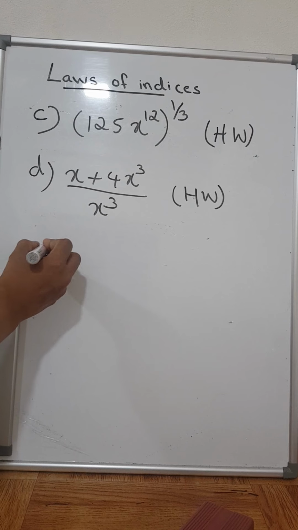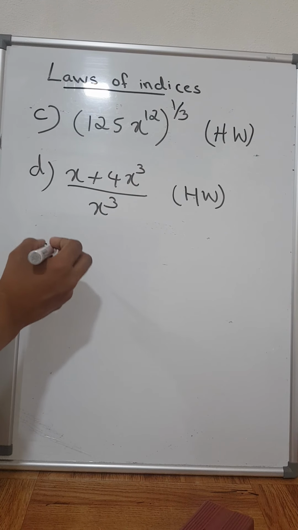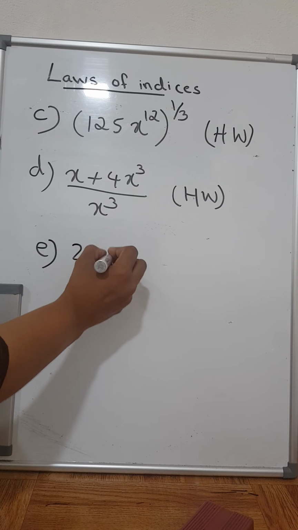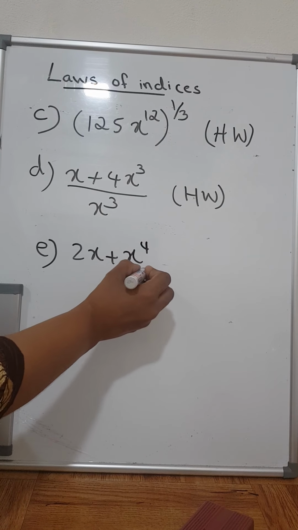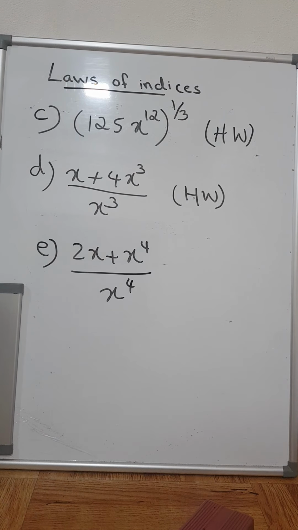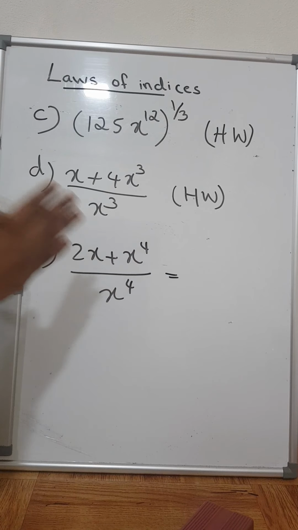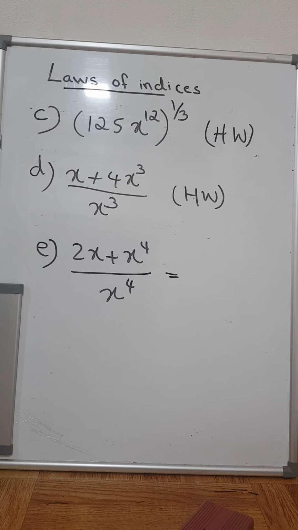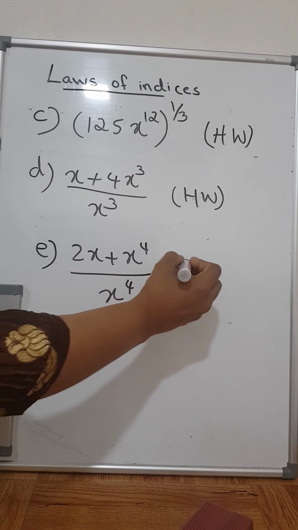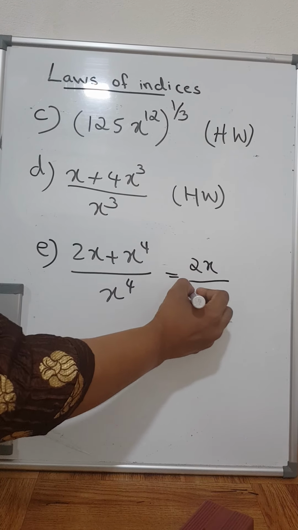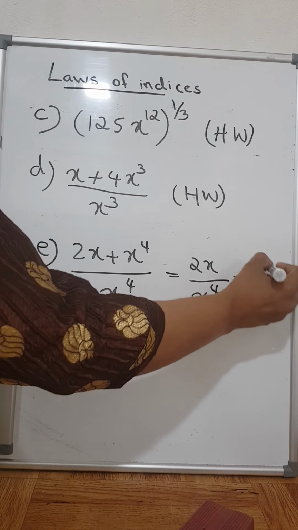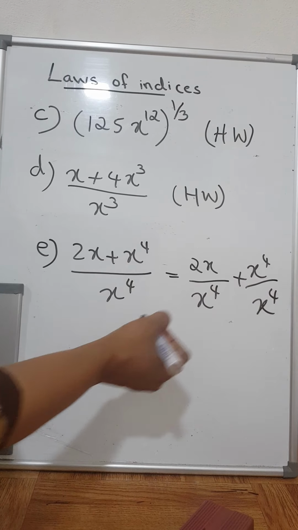Now question number E, 2x plus x to the power 4, divided by x to the power 4. Let's try it here, right? What is the first thing that we need to do? We need to split it. So we can write it as 2x divided by x to the power 4 plus x to the power 4 divided by x to the power 4.